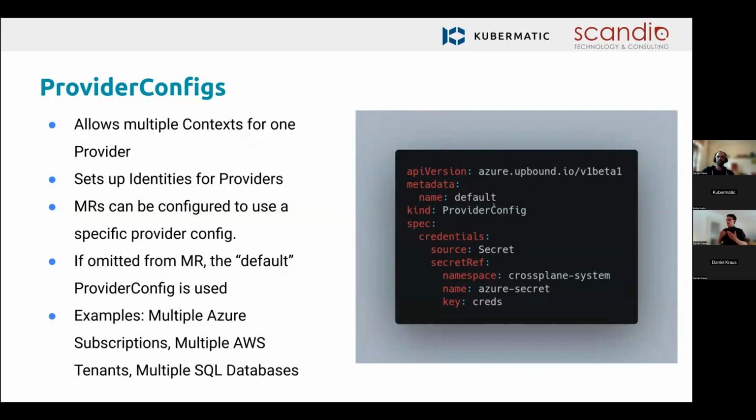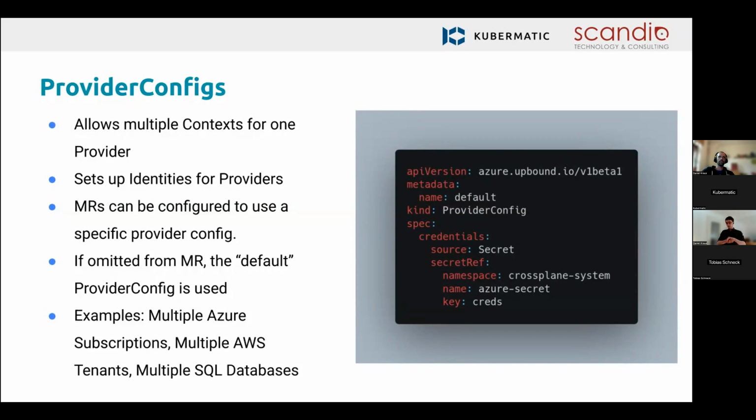These providers, they can implement the control loop, but they still need to communicate with your API. So you need credentials and maybe some special setup, for example, enabling alpha flags. We'll come to that. And that's what provider configs are for. Those allow you to have multiple contexts for a single provider.